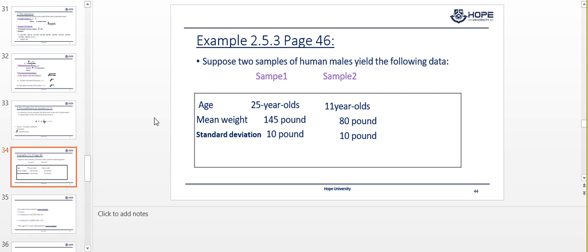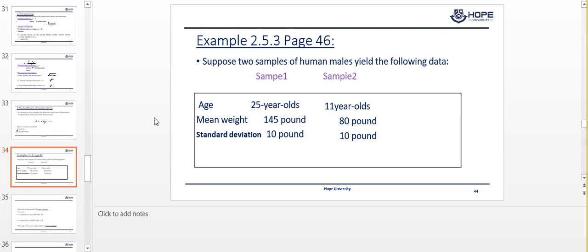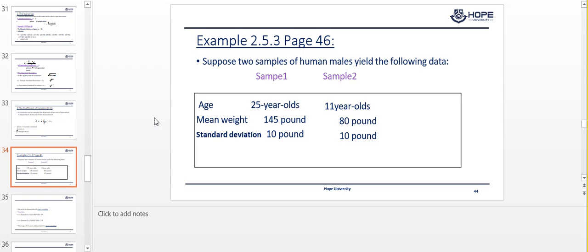But when we are going to calculate, we are using the coefficient of variation formula. So we must calculate sample 1 differently from sample 2. We take the standard deviation, and we take the mean weight of individuals.